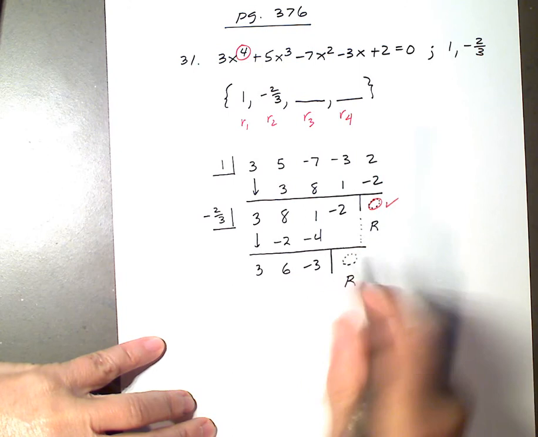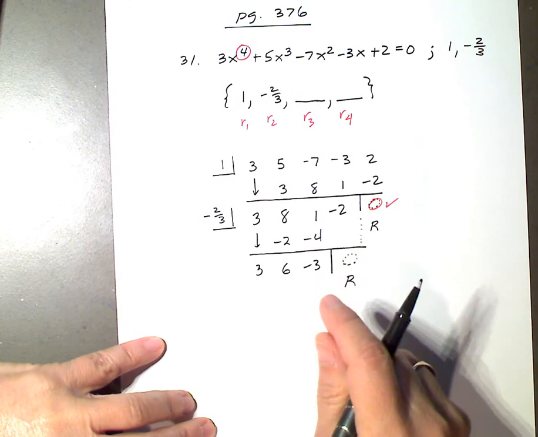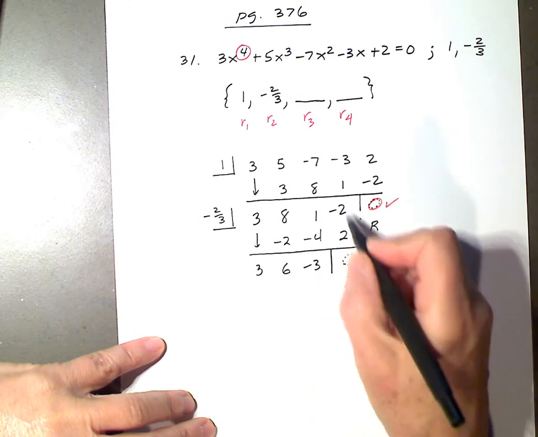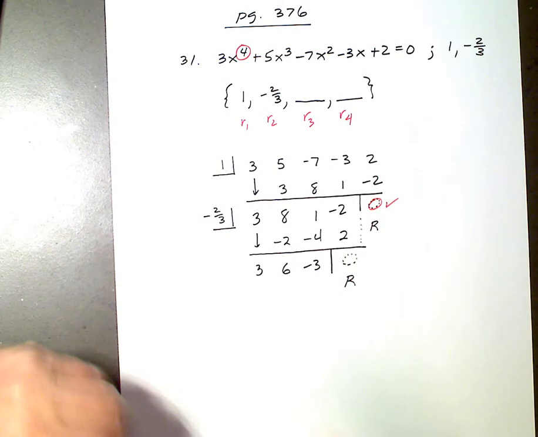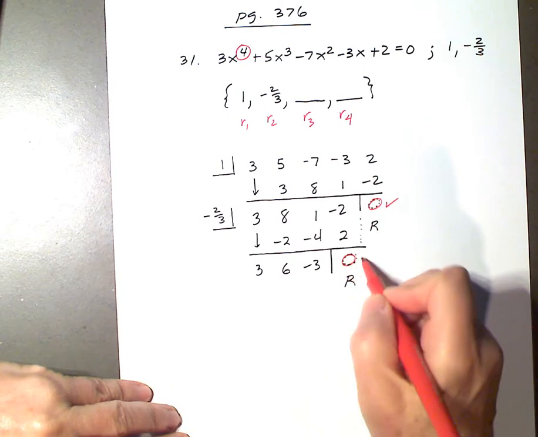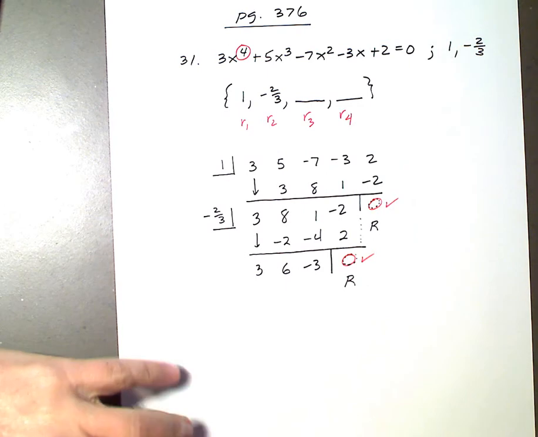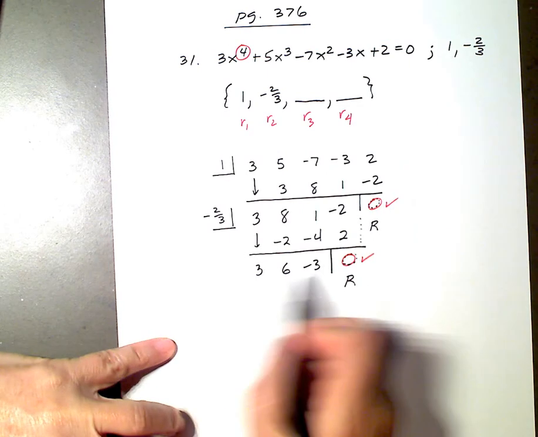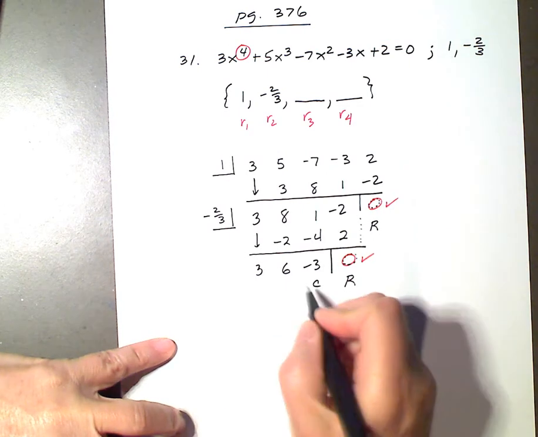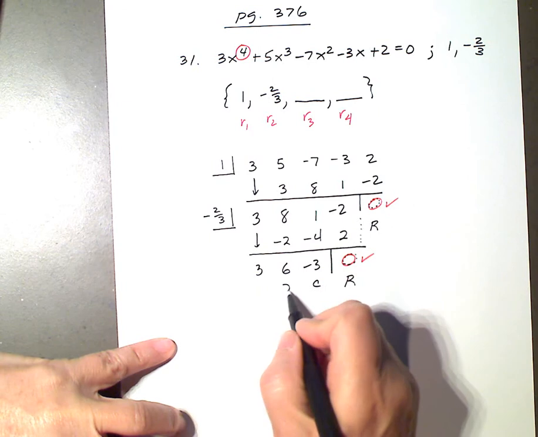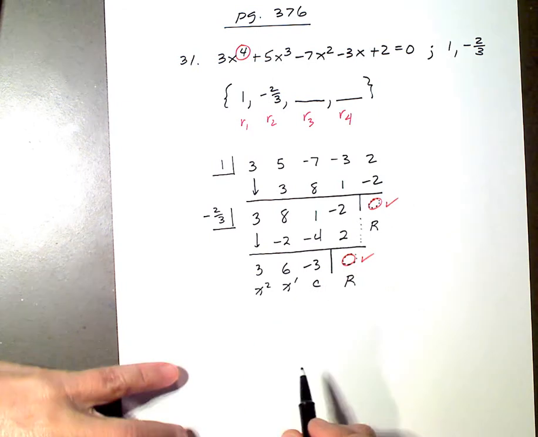Negative 3. Negative 3 times negative 2/3 is a positive 2, which it had to be. I get a 0 here. So I did that correctly. And then these coefficients will be a constant, an x to the 1st, and an x squared. That's my depressed equation.